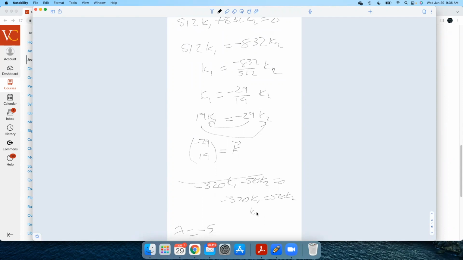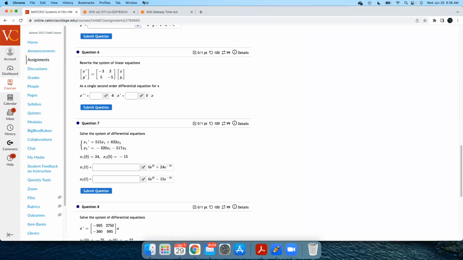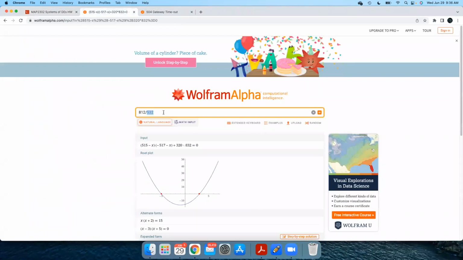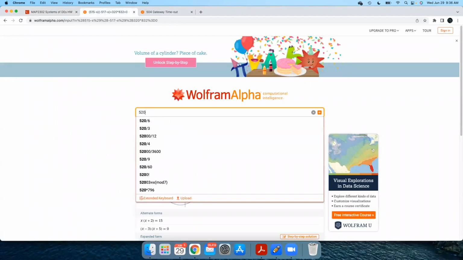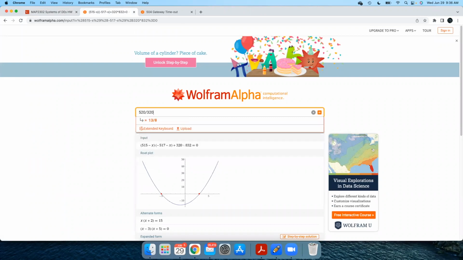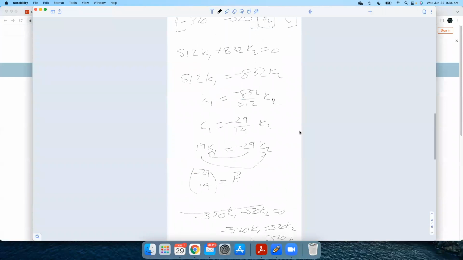So K1 is negative 520 over 320. If that's a different fraction than what I got right there, then I've goofed somewhere. So 520 over 320 is 13 over 8. Yeah, so that means there may be a mistake in here.